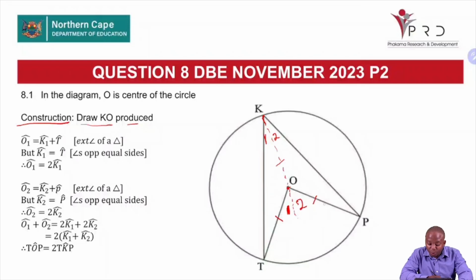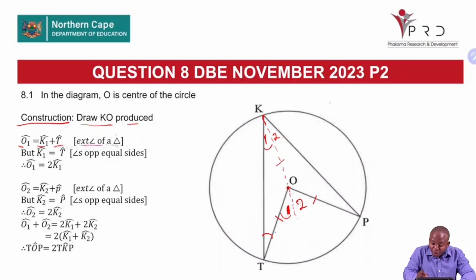Now we say O1, which is this angle, is equal to K1 plus angle T. So O1 is equal to K1 plus angle T. It is the exterior angle of a triangle. Like I said, we are going to use the exterior angle of a triangle to prove this theorem.